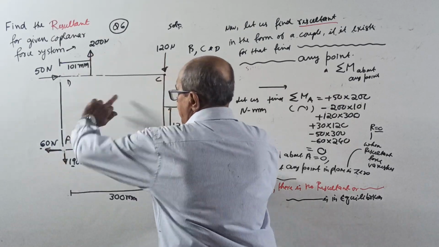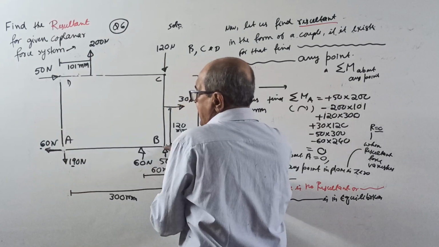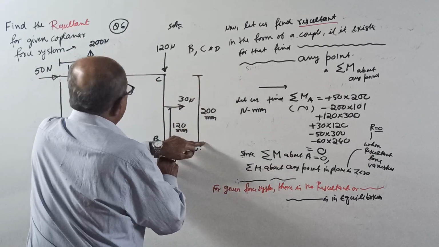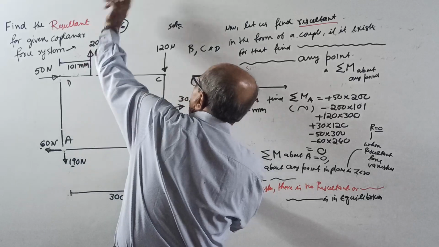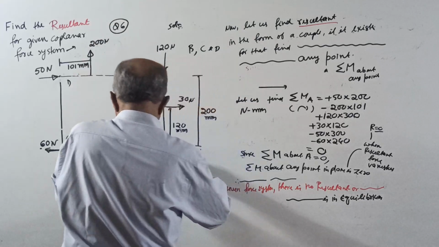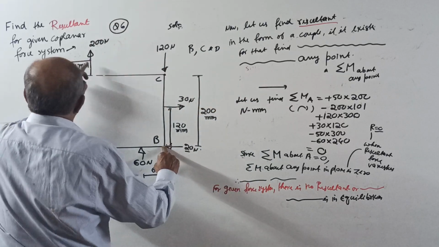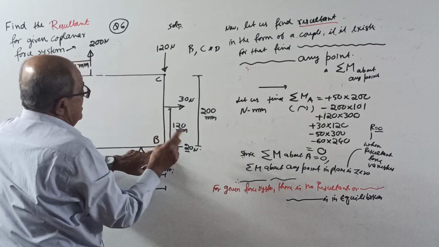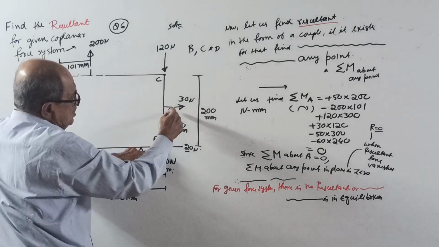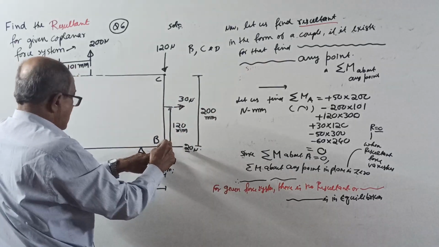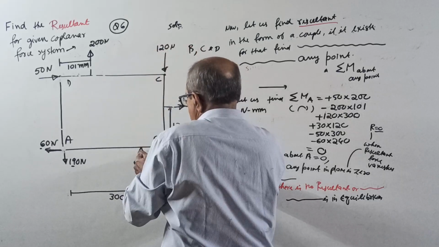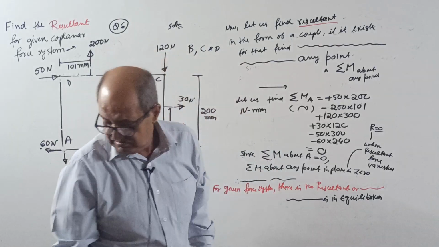Minus 190 into 300, 60 into 0, minus 50 into 200, plus 200 into 199, then 120 into 0, plus 30 into 120. All over? Not over. Then plus 60 into 60. Calculate.